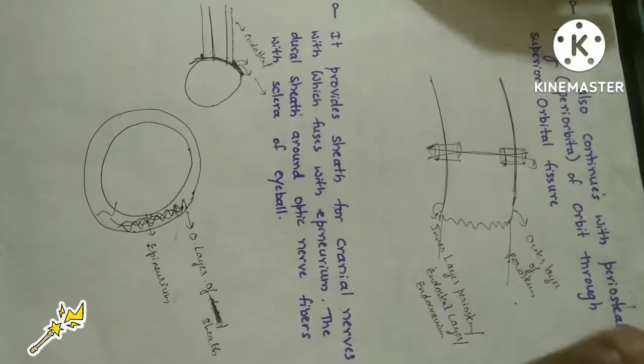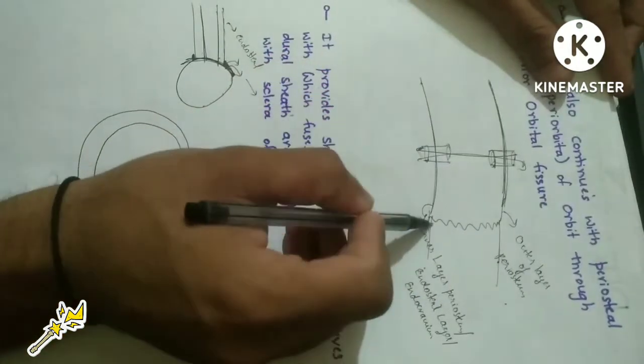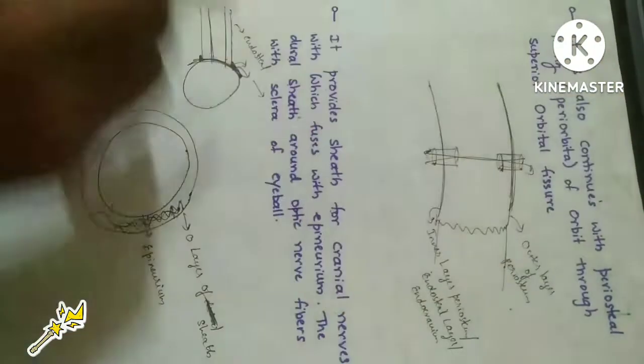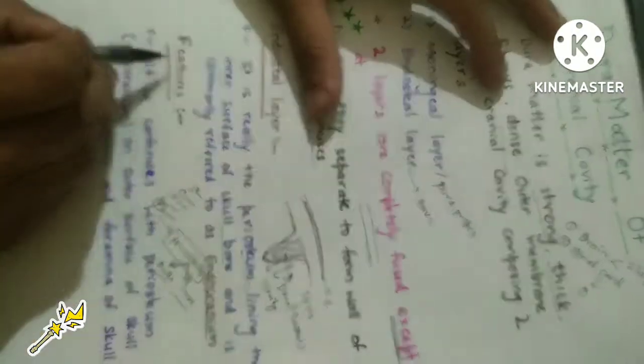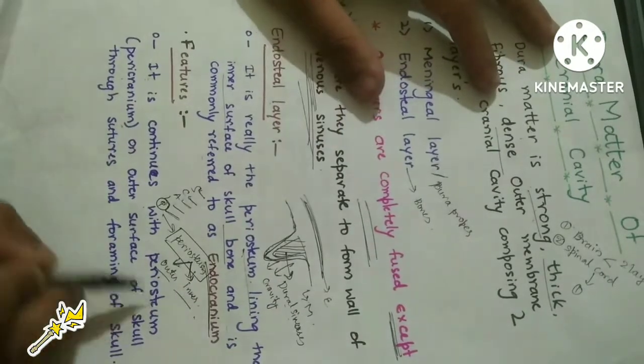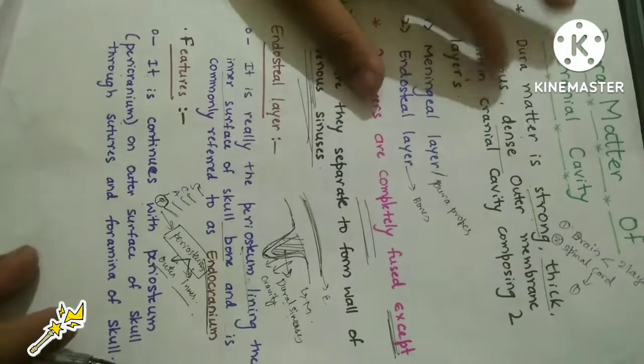If you look at this diagram, this is the outer layer of the periosteum and this is the inner layer of the periosteum. It is continuous with the periosteum or the pericranium on the outer surface of the skull through the sutures and foramen of the skull.